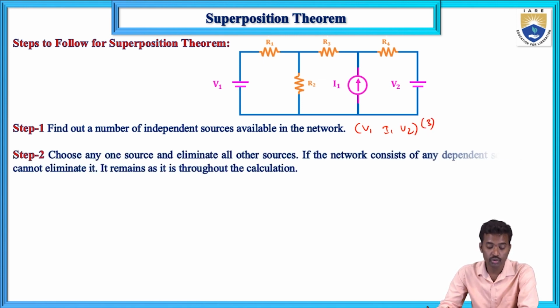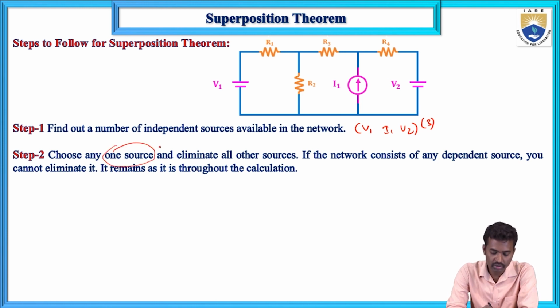Now the second step: choose any one source, as I explained in the previous slide. One source should be active and all remaining sources must be deactivated. If it is a current source, it is replaced by an open circuit. If it is a voltage source, it is replaced by a short circuit.